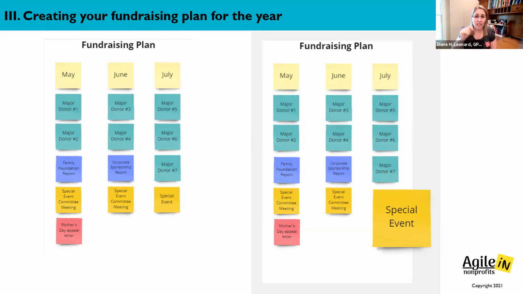In fact, I did this recently with one organization that was trying to understand where they might be able to do some new things. And the team was like, I don't know, I feel like we're pretty full. So by laying out their plan visually over the 12 months for their fiscal year, what they found is that they actually have two very distinct peaks in their calendar.